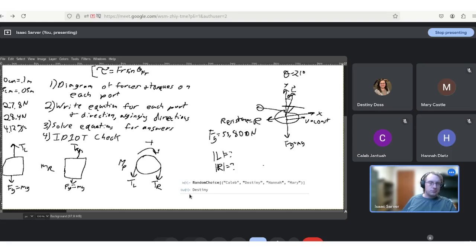Okay. Try that angle again. Here. 21 degrees. There we go.